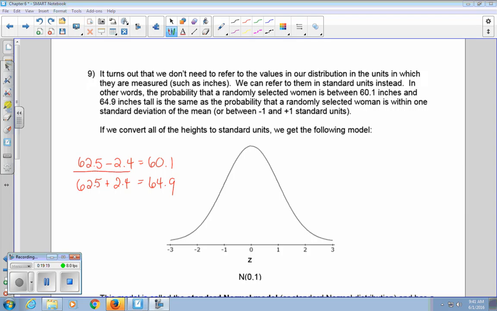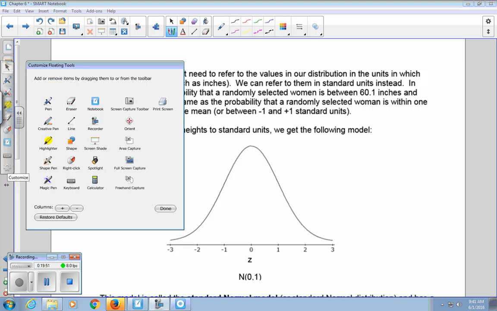So that's what we're looking at: what's going on between -1 and 1 standard units from the mean. This is helpful because we can use a table to find our probability under the curve after we've standardized our data into standard units.